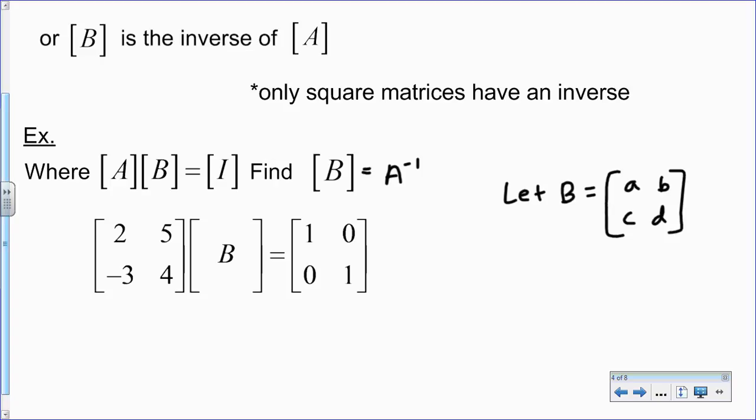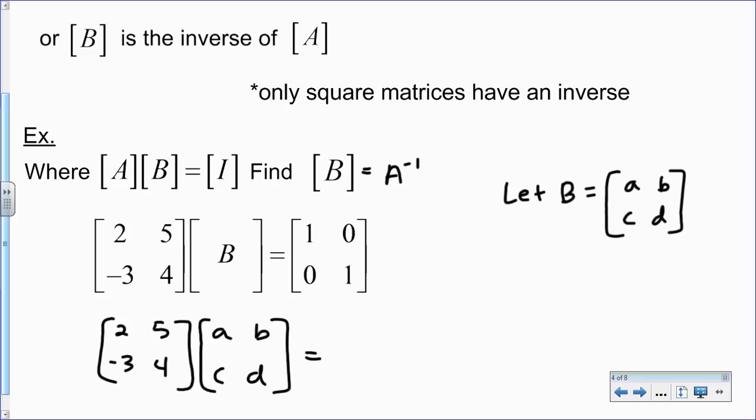Then I can solve for each entry. So I'll be doing [2, 5; -3, 4] times [A, B; C, D], and that will give me the identity, [1, 0; 0, 1].